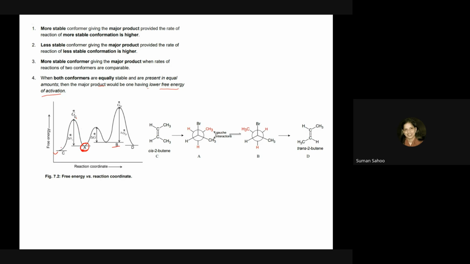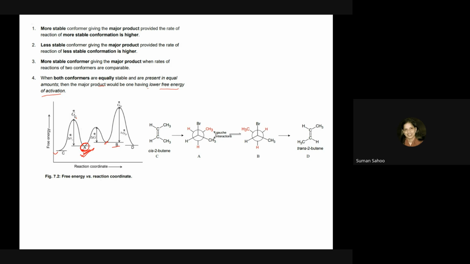Here your B conformer is higher in energy, and its transformation requires higher activation energy. So in that case, the product formed would be more from the most stable conformer A.